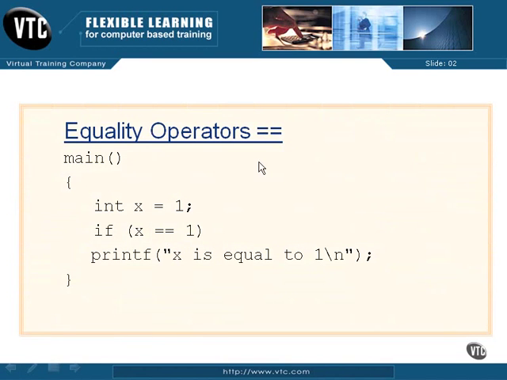Here's an equality operator. Now we're looking for the comparison. Are they equal? This is very different. Notice these two. This will drive you nuts sometimes if you mess this up. If you accidentally put a single equal sign in here, if x is equal to 1, that will always be true, because you are saying, just like you did up here, x equals 1.